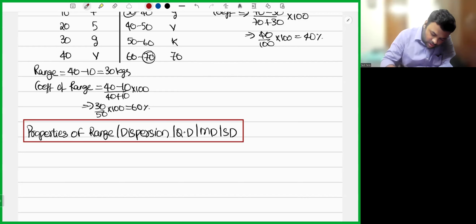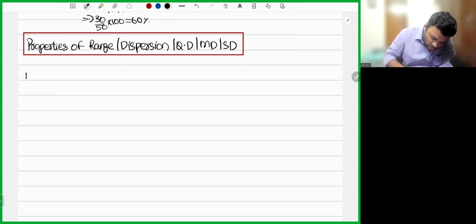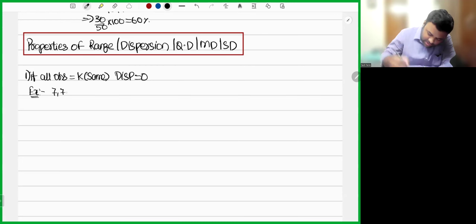First property: if all observations are constant, that is the same, dispersion will be equal to 0. For example, I have 7, 7, 7, 7. What is the range in this case? The highest observation is 7. The lowest observation is also 7.